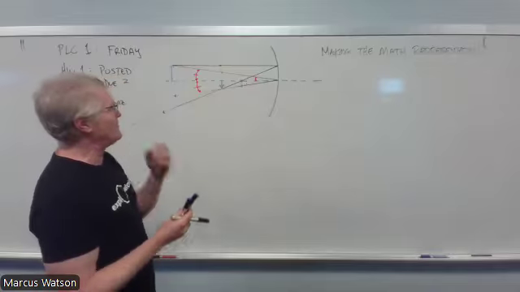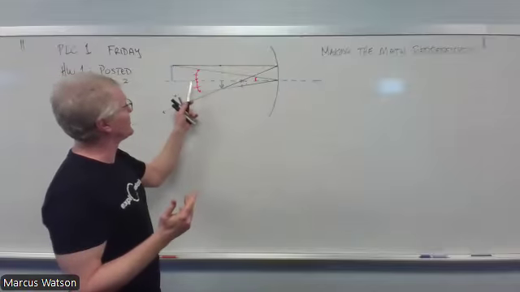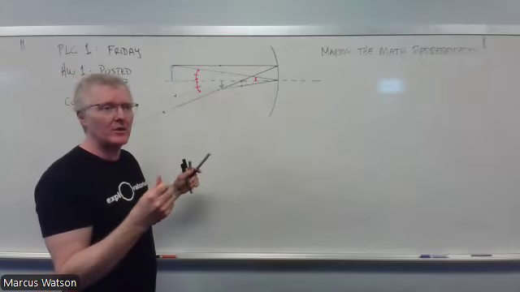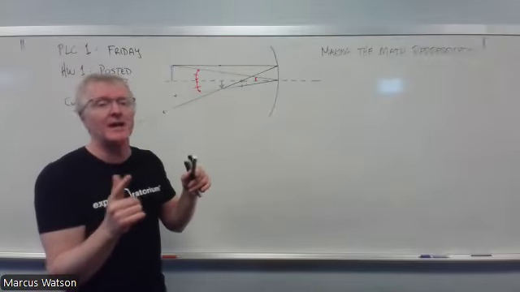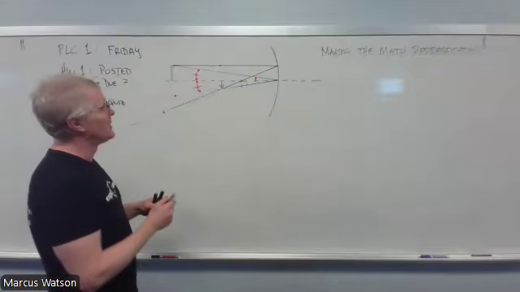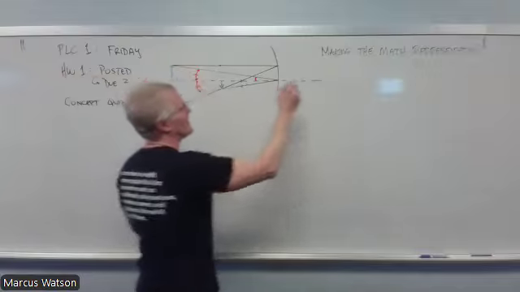Okay? And it's the normal right here. So what I have is the ability to look at, okay, if those angles are equal, then I should have triangles that are similar. That's what I wanted to say. All right, so if these angles are equal, this is theta I and theta R.